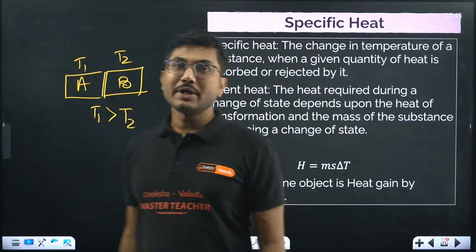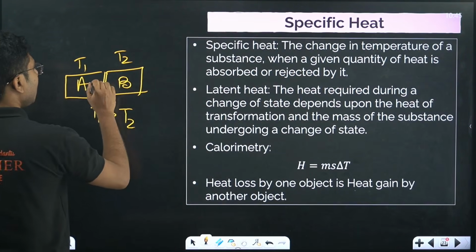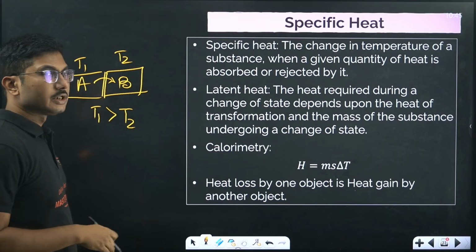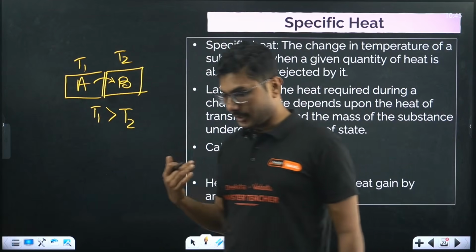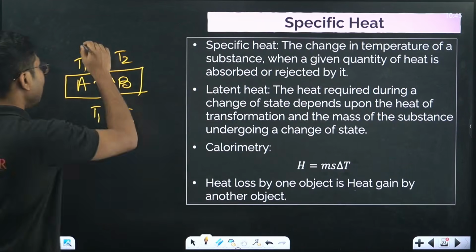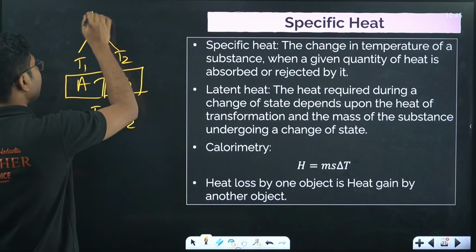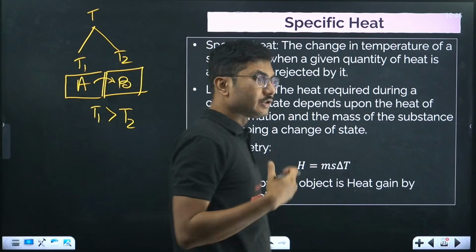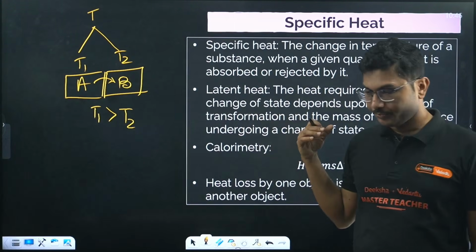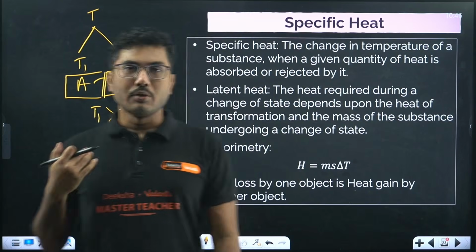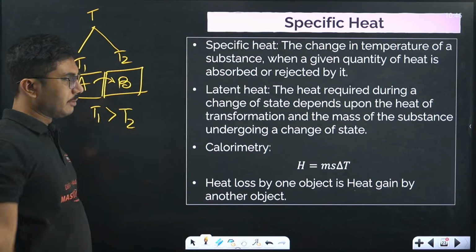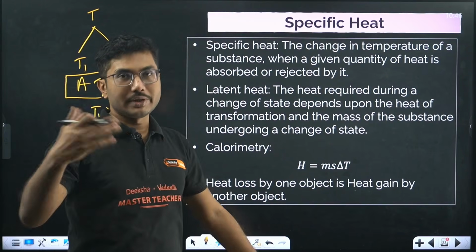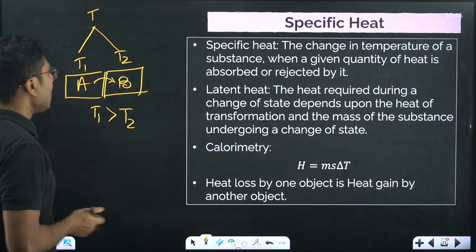So this object will give away heat to the second object till they reach an equilibrium temperature. Both of them will reach an equilibrium temperature T, which is not the average of T1 and T2. You have to calculate that. There are ways to calculate it. We will explain it, if not in this video, then in our PYQ session anyway.